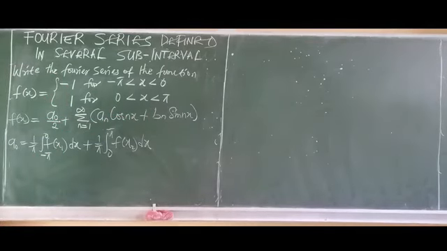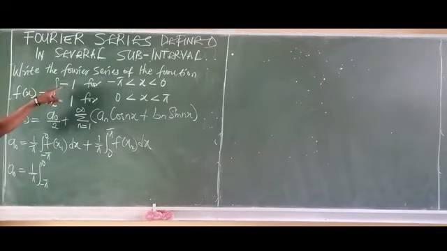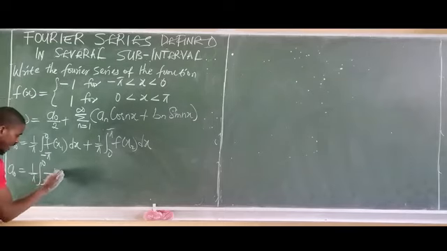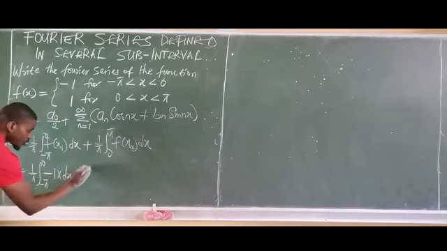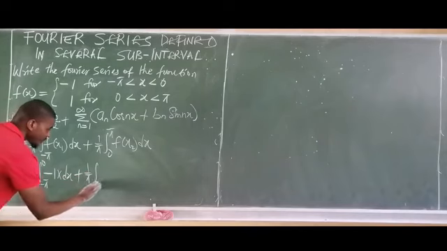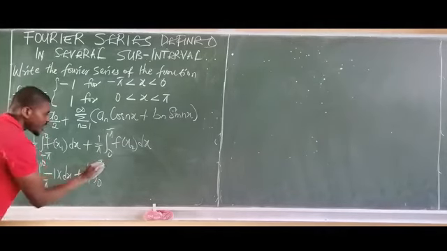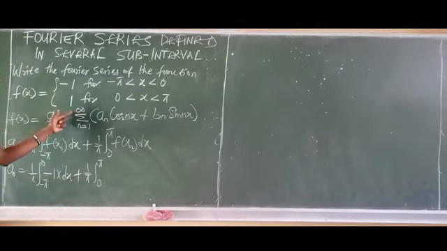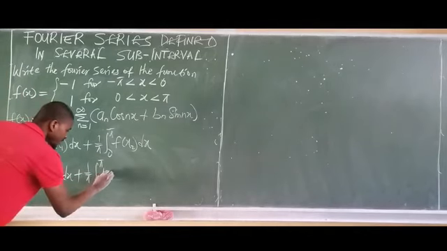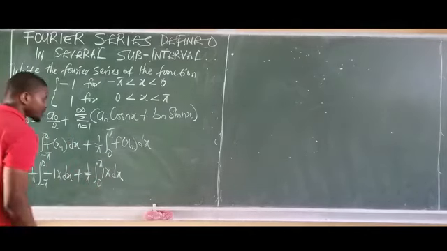So let's put in the values of the function. a naught is now equal to 1 all over pi integral from minus pi to 0 of f of x1, and f of x1 is -1, so -1 times dx, plus 1 all over pi integral from 0 to pi of f of x2. f of x2 is simply 1, so you have 1 times dx.